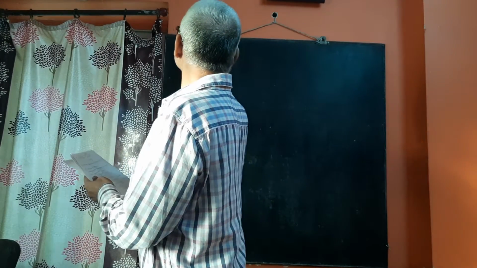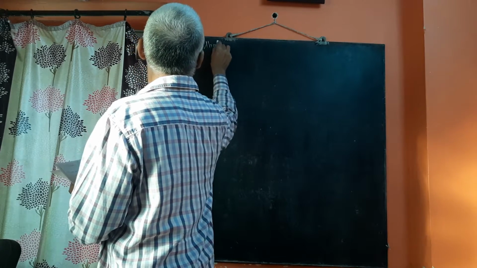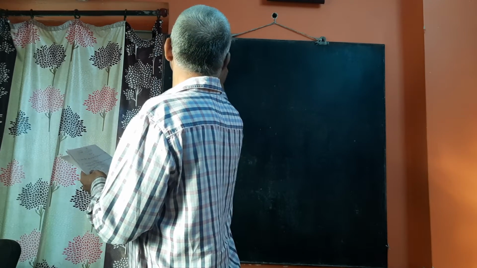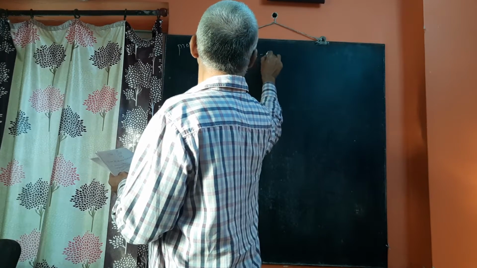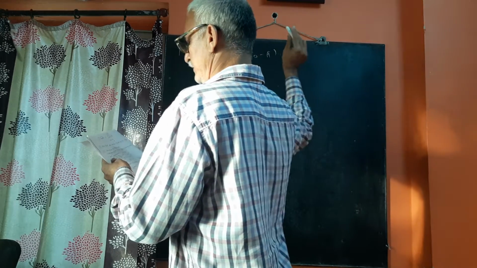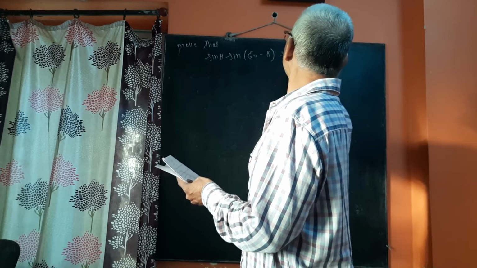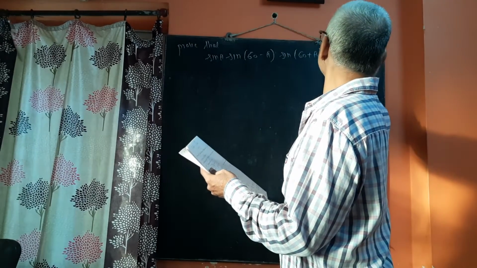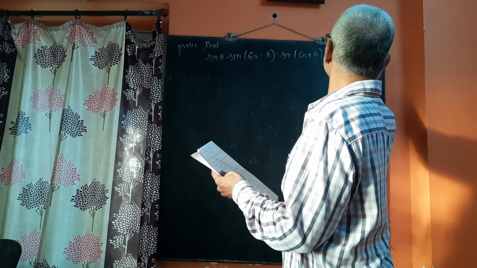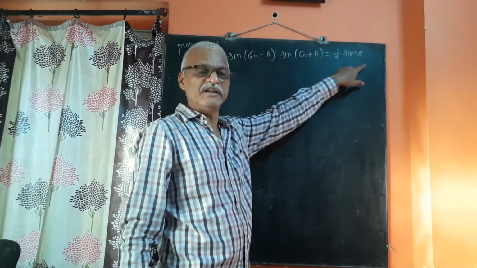Prove that sin a into sin of 60 minus a into sin of 60 plus a is equal to 1 by 4 sin 3a. We have to prove that sin a into sin of 60 minus a into sin of 60 plus a is equal to 1 by 4 sin 3a.